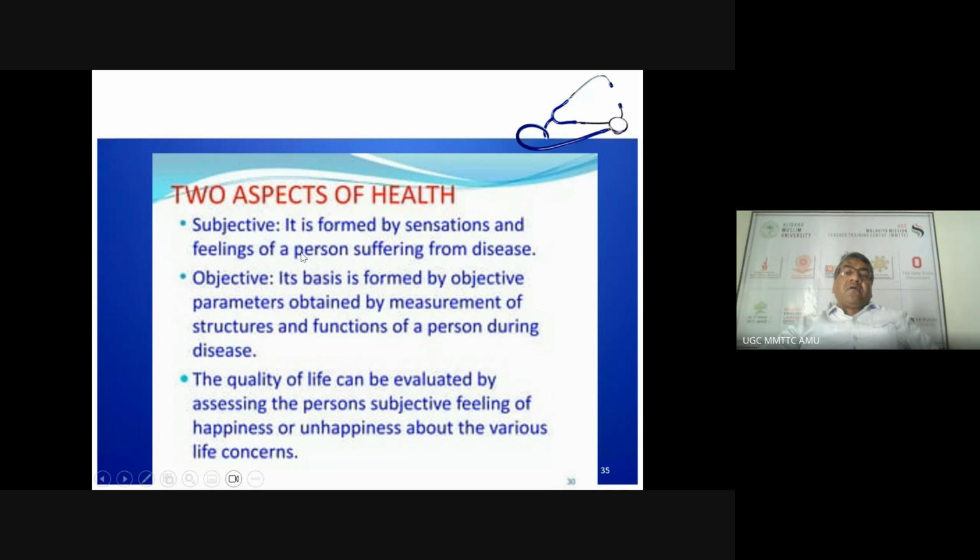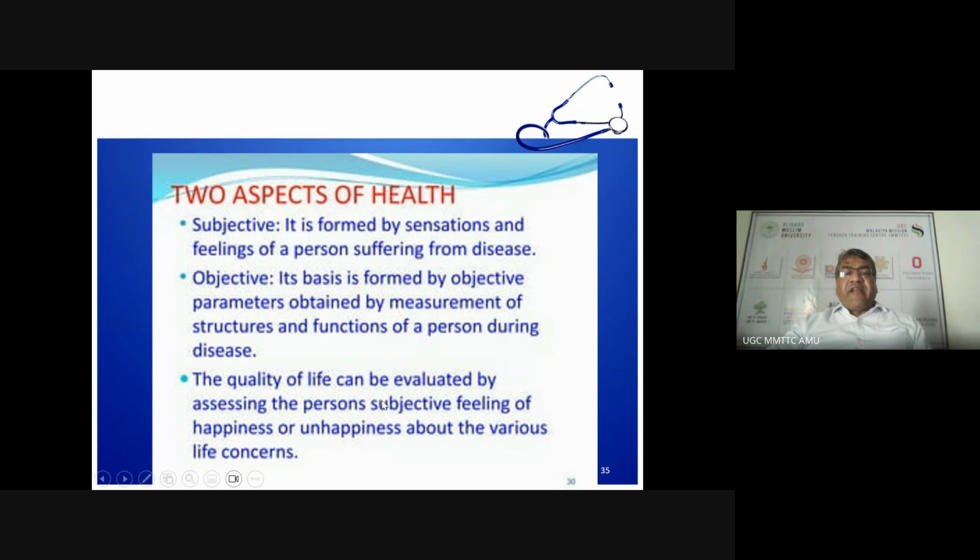Subjective aspects of health. Objective is formed on the basis of objective parameters obtained by measurement of the structure and function of a person during disease.